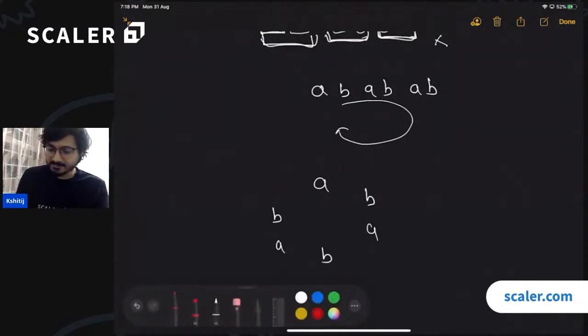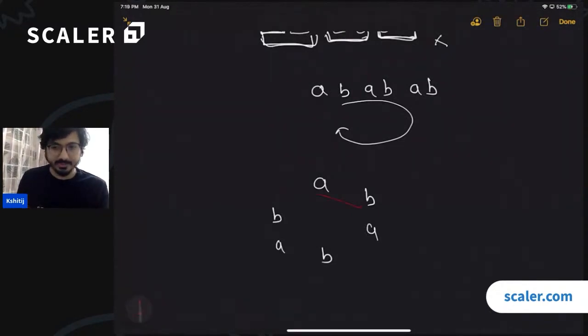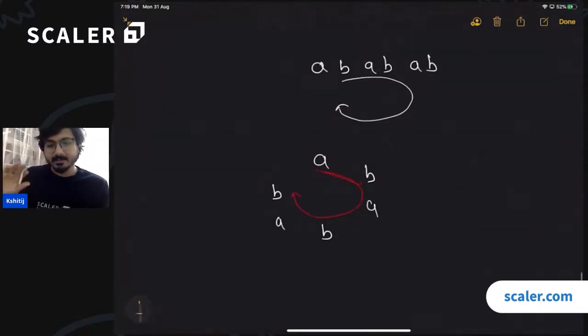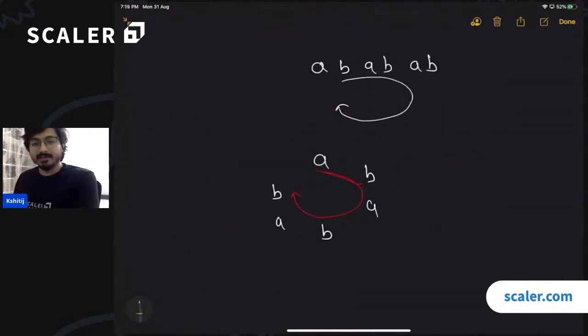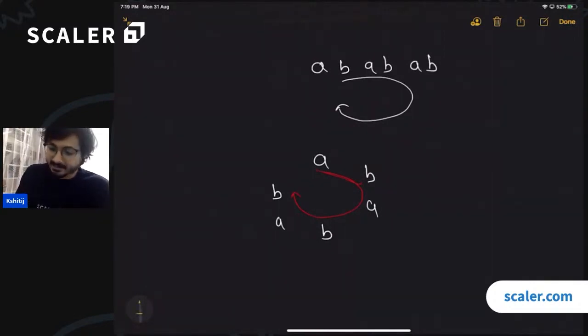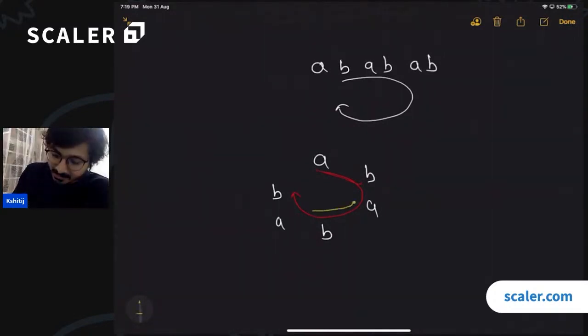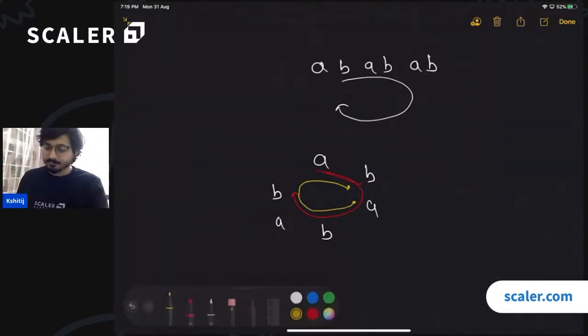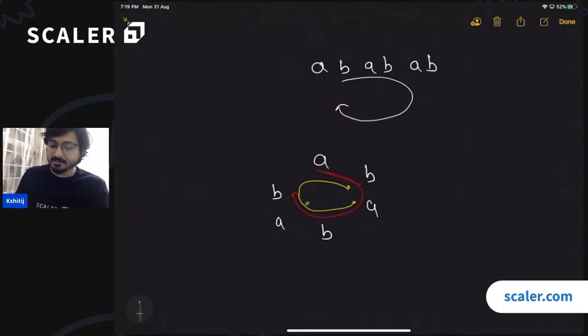If a string of size 2 is repeating, this is my original string AB, AB, AB. Then from index 2, I will again have the exact same string, right? From here again, AB, AB, AB. From index 4 again, I have exactly the same string of the same length, right?